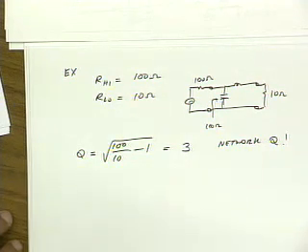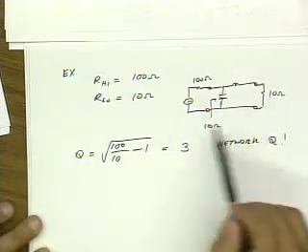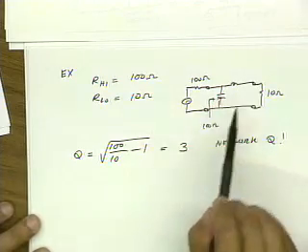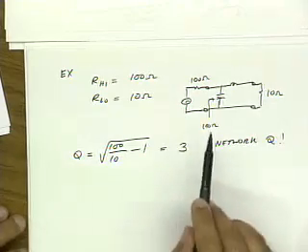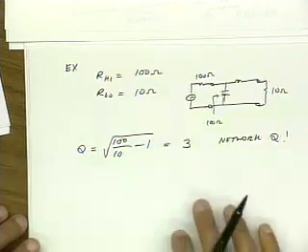Okay? Now what's interesting is this is the network Q. This is the Q of the overall circuit. It has nothing to do with the component Qs. Up to here, we're assuming our components are ideal. We'll come back and look at what happens when we have non-ideal components, but for now, let's just keep it ideal.